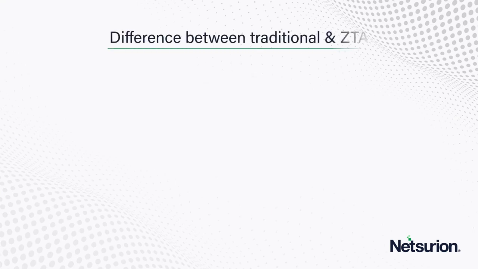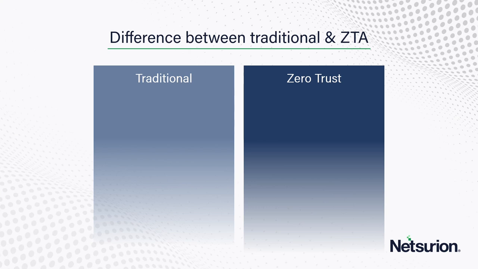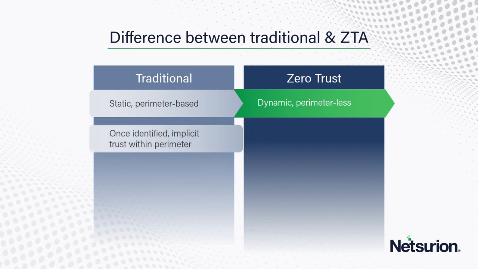So here are the differences between a traditional architecture versus a zero trust one. The traditional architecture is static and based around a perimeter, but the ZTA is dynamic, changes, and is not really dependent on any perimeter. In the traditional model, once you're identified, you've got implicit trust inside the perimeter.